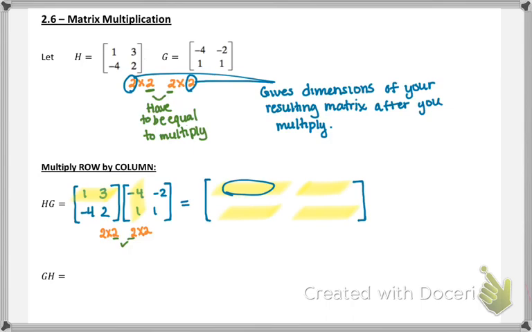So that's 1 times negative 4 plus 3 times 1.